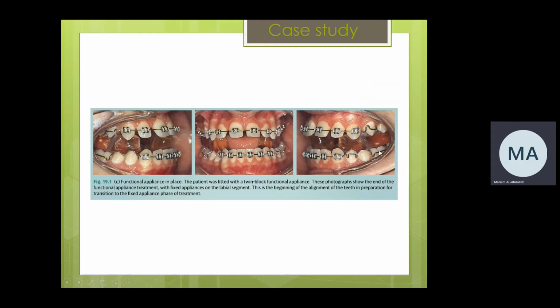So it's a combination of fixed appliance and functional appliance, because the patient is in the early permanent dentition. And as you can see, the functional appliance is forcing the mandible forward with good separation between the teeth in order to accommodate the blocks of the functional appliance, and in order to control the vertical dimension.